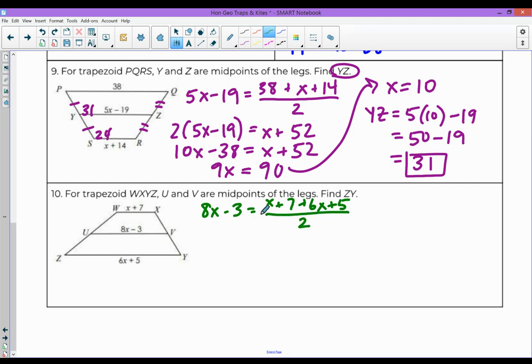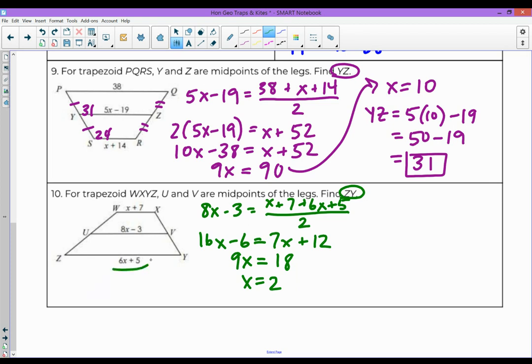So multiplying both sides by the 2, I'll save that step here. 16x minus 6 equals, combine my like terms in that numerator, so that's 7x plus 12. So I'll subtract 7x on both sides, 9x, add 6 to both sides, that's 18, leaving me with the value of x being 2.